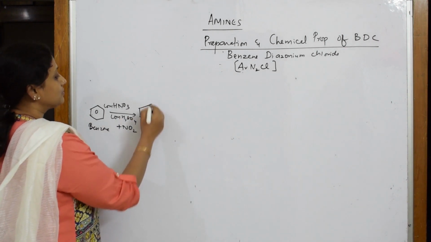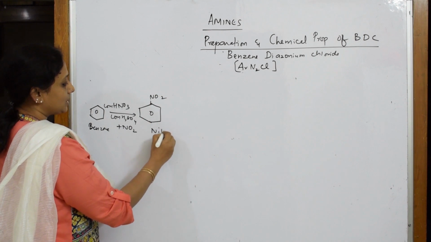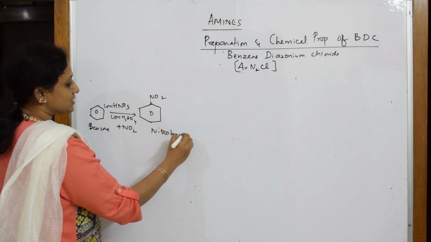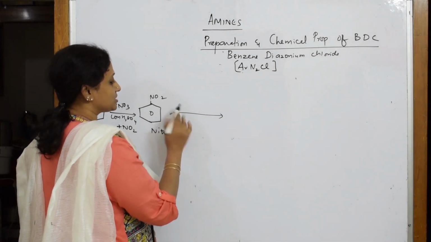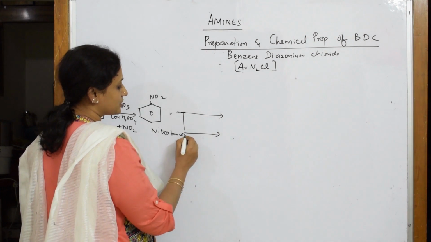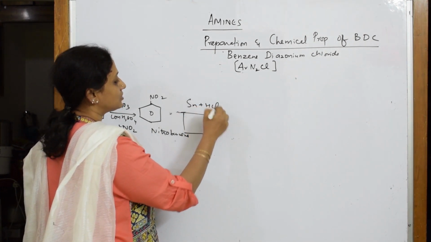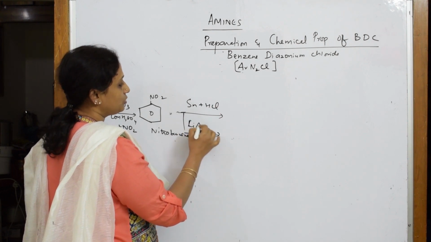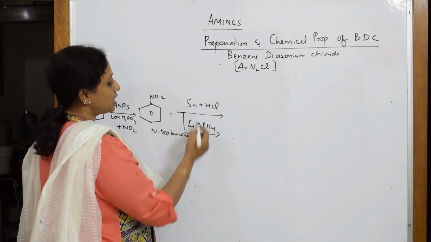So this will form nitrobenzene. Simple. Now this nitrobenzene, what am I going to do? I am going to introduce reducing agents. Two types of reducing agents: one can be Sn plus HCl or lithium aluminium hydride.